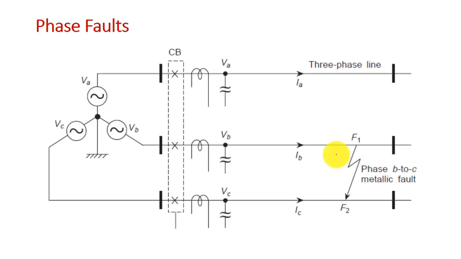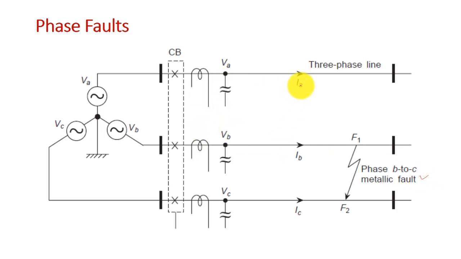Now we will consider phase faults. Let us consider a 3-phase transmission line where the phase fault is between phase B and phase C. A phase B to C metallic fault is considered. Now, we have the measuring parameters current and voltage.